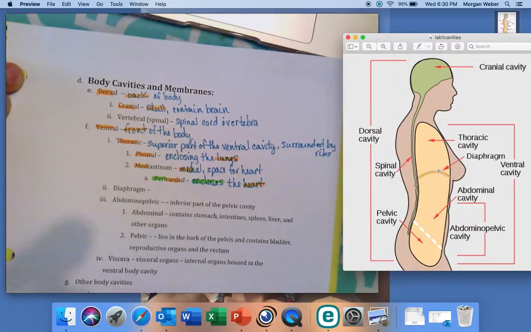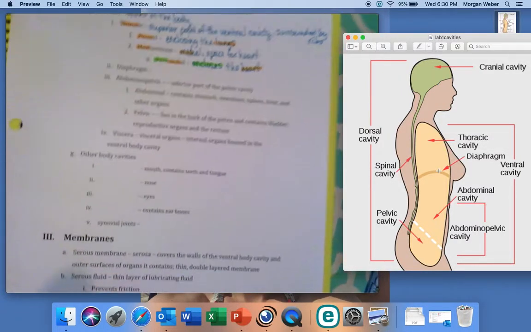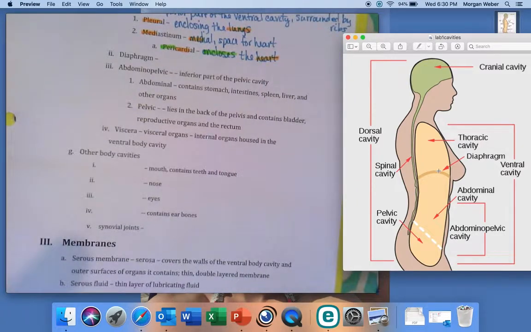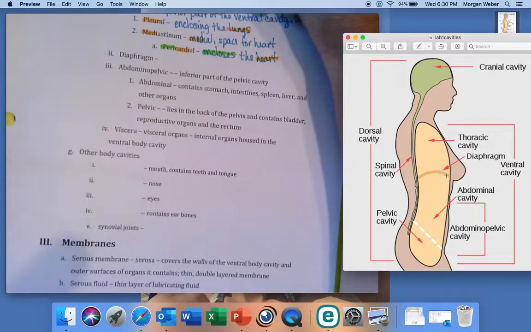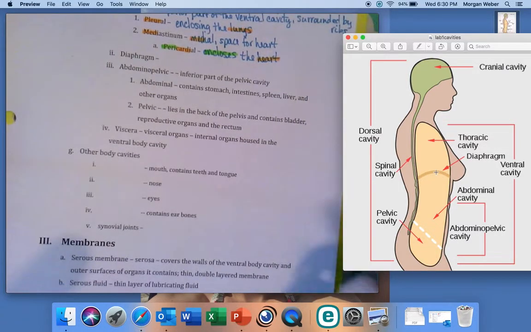All right. Let's move down to the next portion. So when we're looking at the diaphragm, we said that the diaphragm here is going to separate these two cavities.